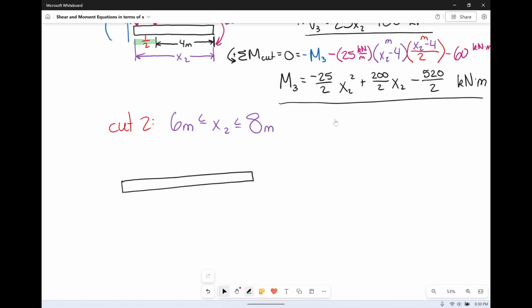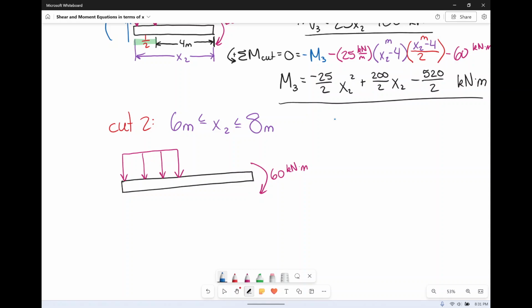Well, that one's going at an angle, but it is what it is. We've got, let's see, our 60 kilonewton meters over here. We've got our distributed load. Yep, there it is. Again, I'll put it in blue here.